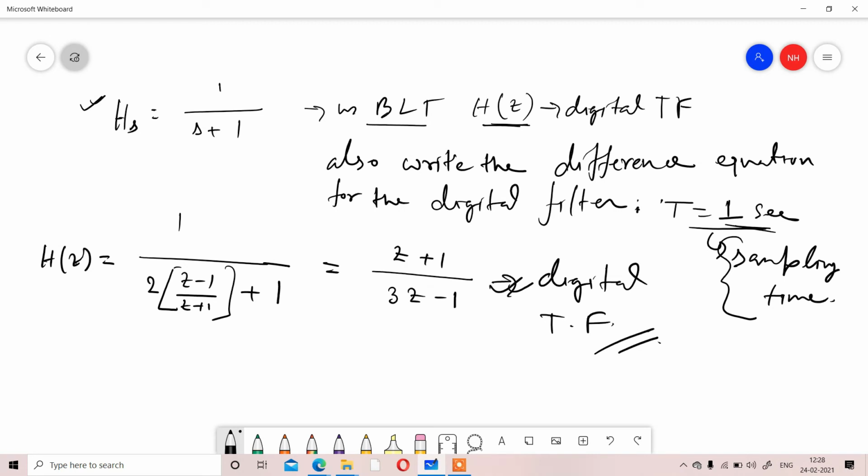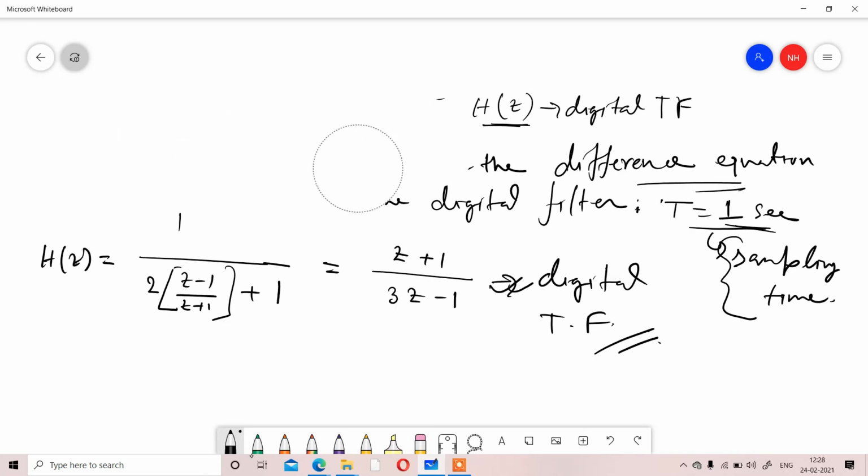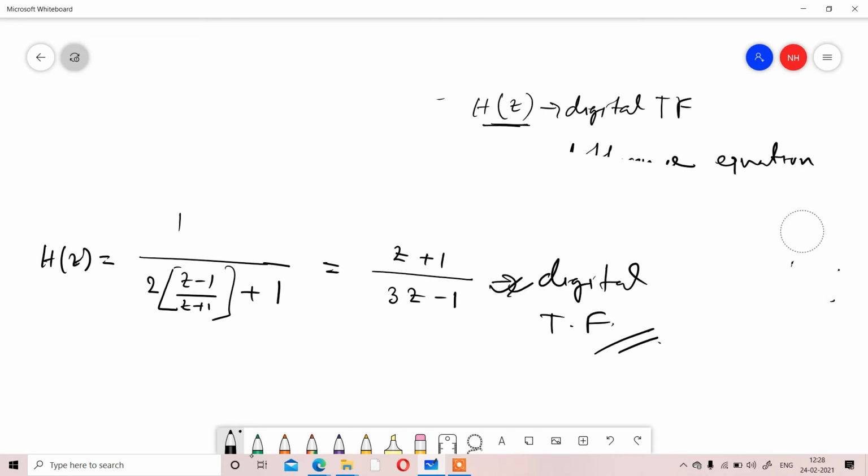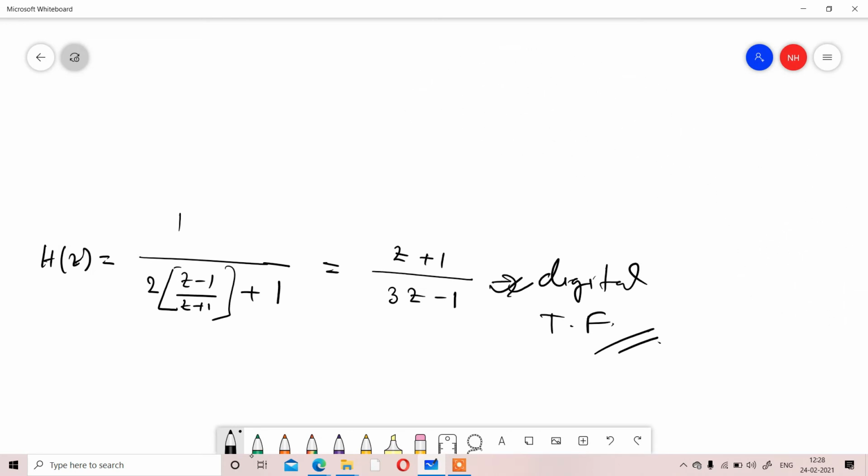Okay. Now in that digital transfer function, you have to also calculate the difference equation. From the transfer function, how to calculate the difference equation, I think all of you know. H(Z), that is the transfer function, is obviously Y(Z) by X(Z), that is (Z plus 1) by (3Z minus 1).